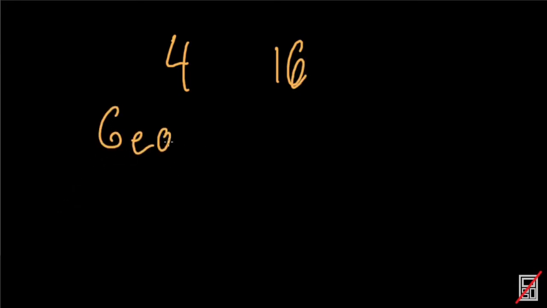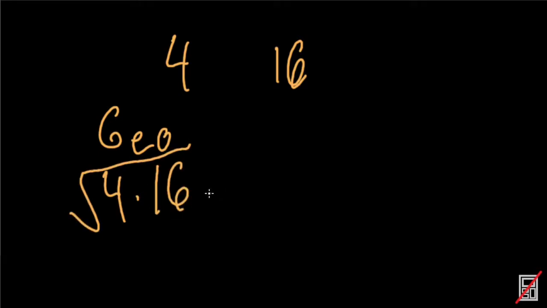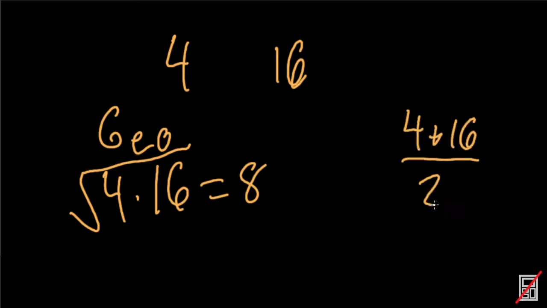For instance, if we take two numbers, let's say 4 and 16, their geometric mean is the square root of 4 times 16, which is equal to 8. But if we take their normal average, we would get 4 plus 16 over 2, which is equal to 10, which is always bigger.